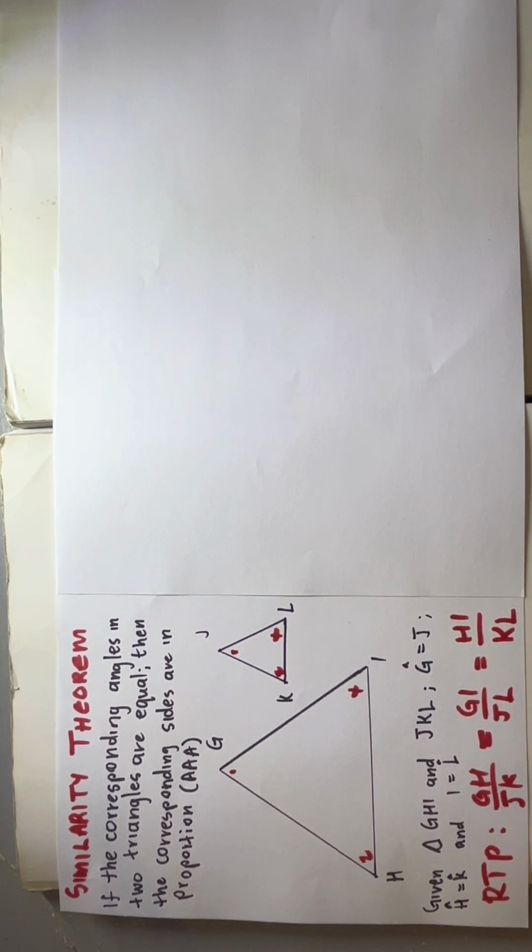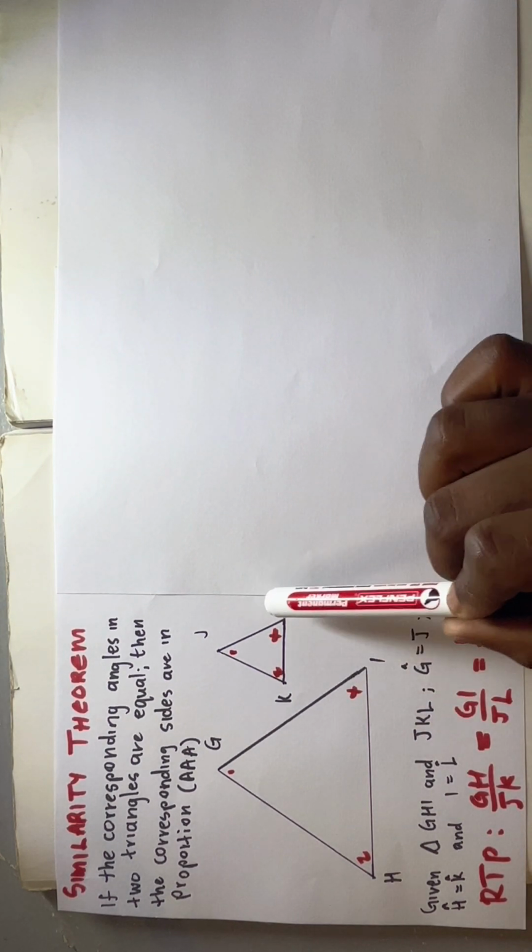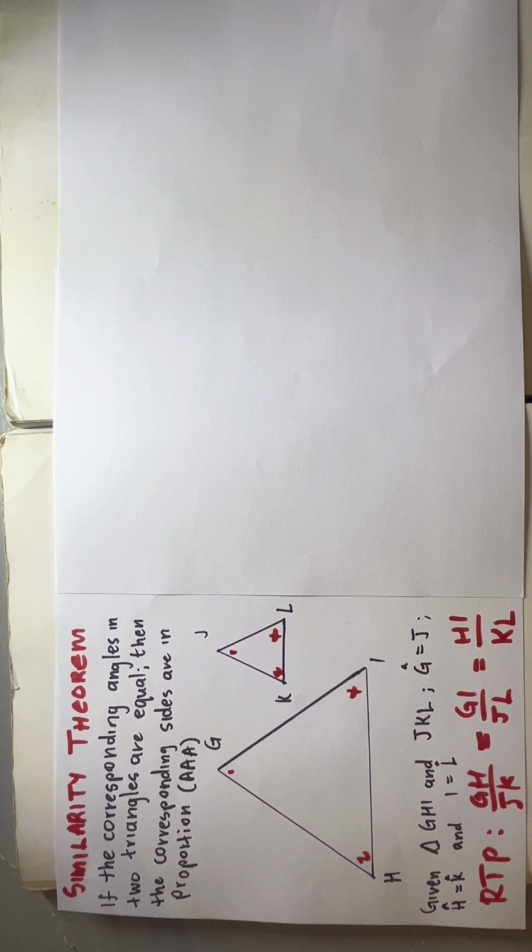You are also given that angle H is equal to angle K. Similarly, angle I is equal to angle L. What we are required to prove is that GH over JK is equal to GI over JL, and also equal to HI over KL, which means all these sides are in proportion.